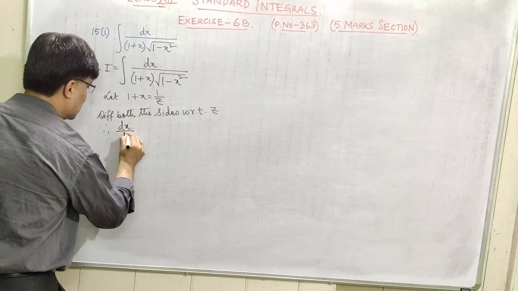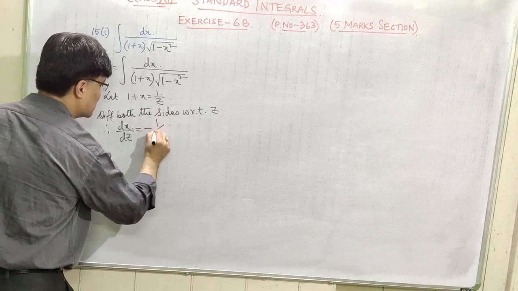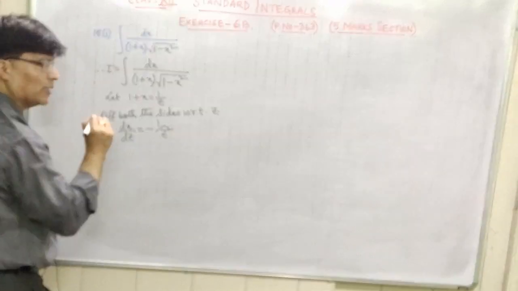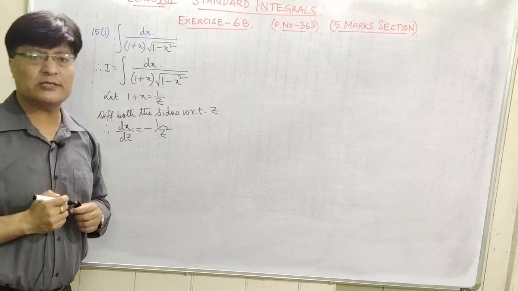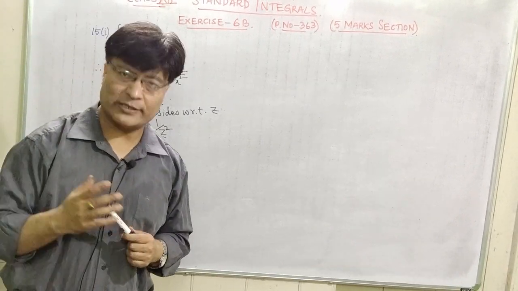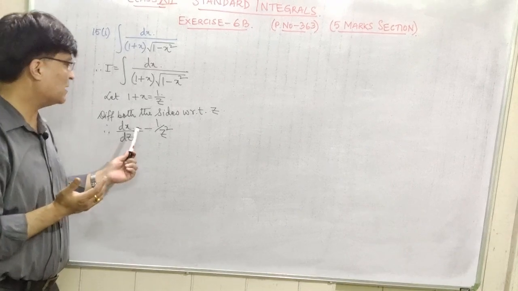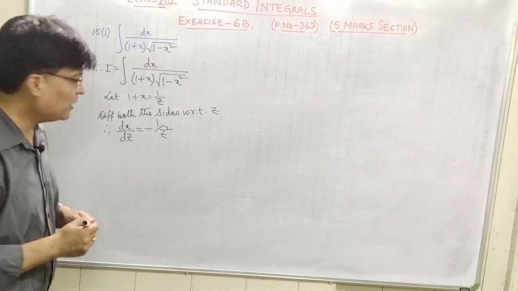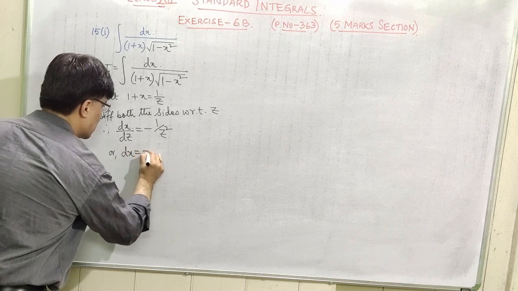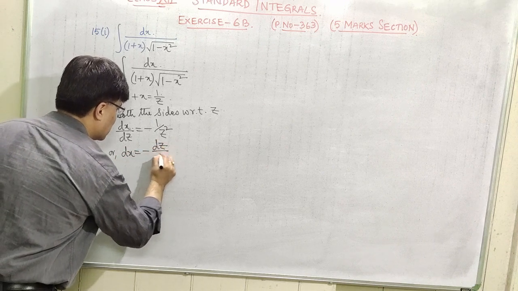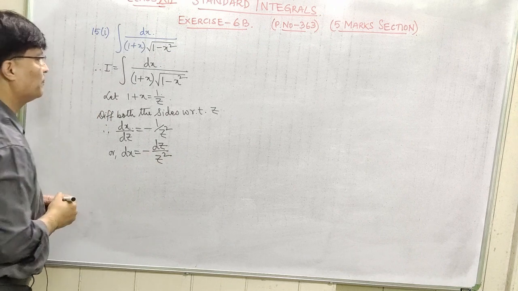That is dx by dz is equal to minus 1 upon z square. Is that clear? So directly we can write the differentiation of 1 by z with respect to z, which is minus 1 upon z square. So what is the value for dx now? So dx is equal to minus dz upon z square.